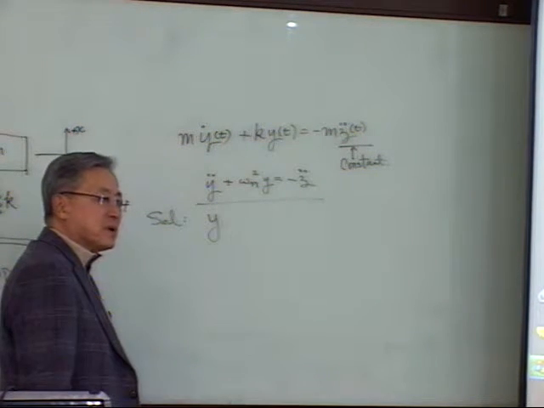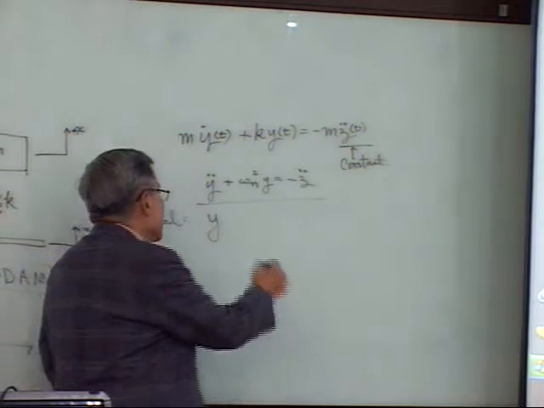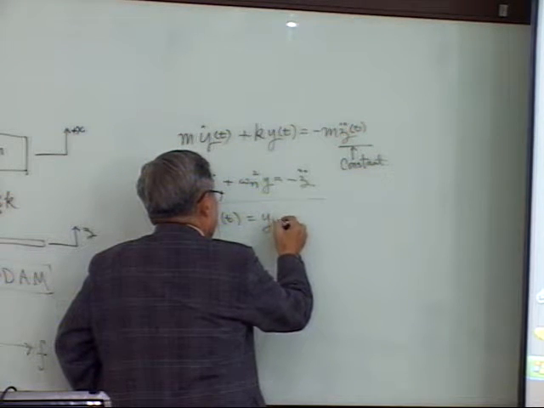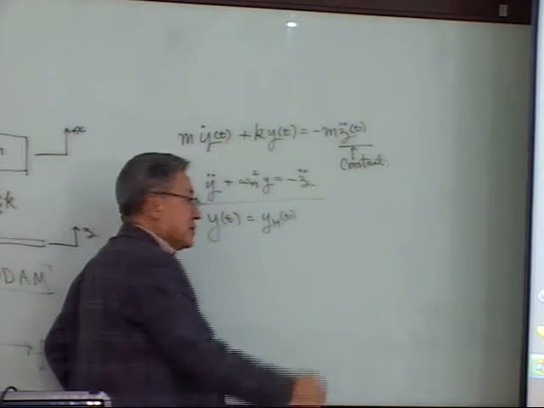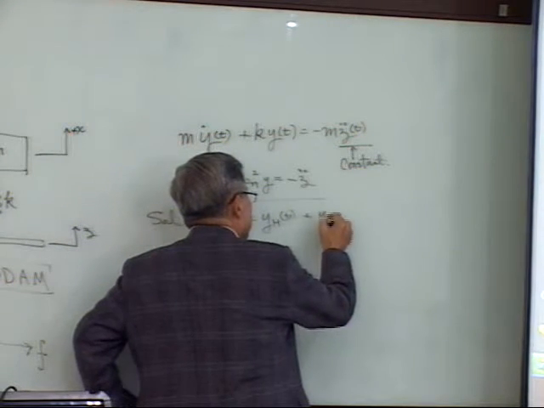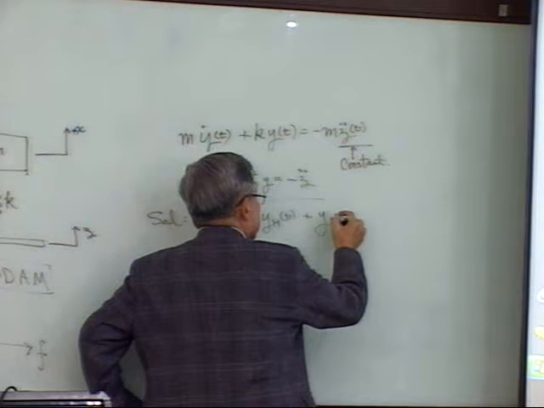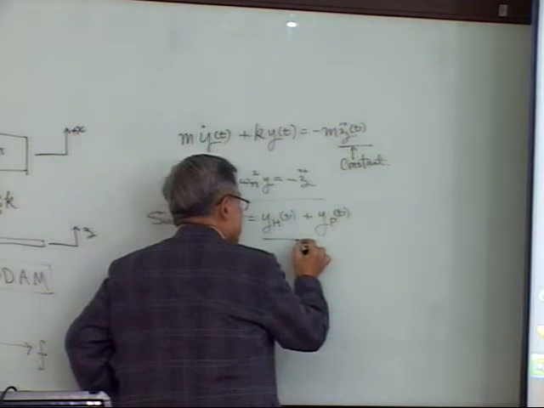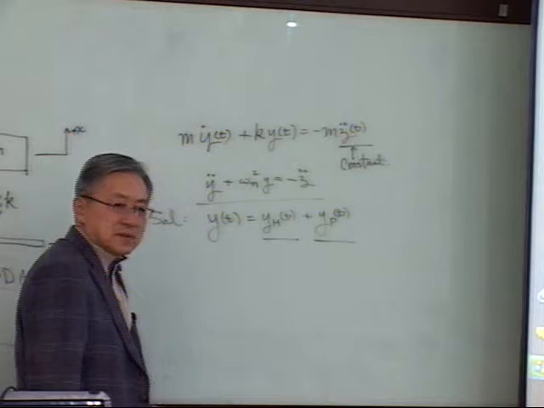It has two parts. One is what do you call, the homogeneous solution. Another one is the particular solution, or steady state solution, it is the same thing. The homogeneous solution and the particular solution.